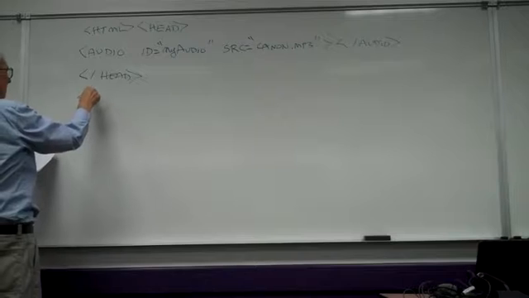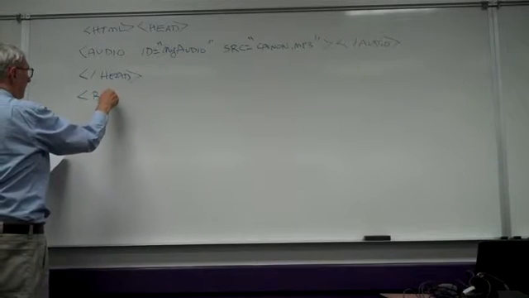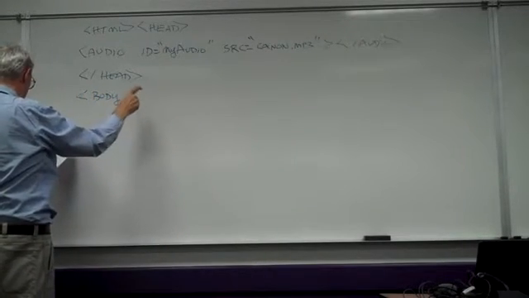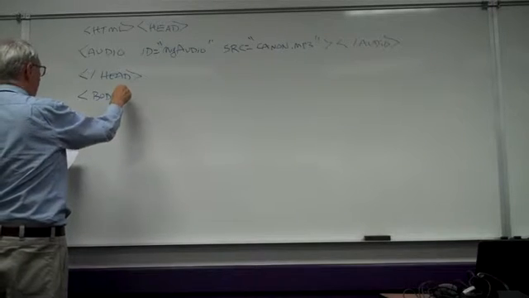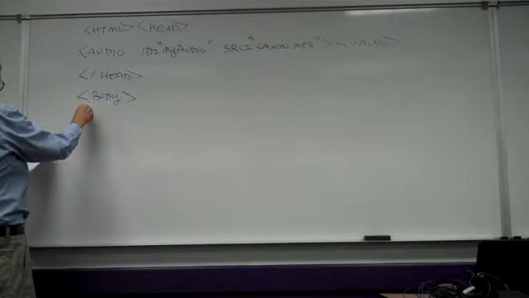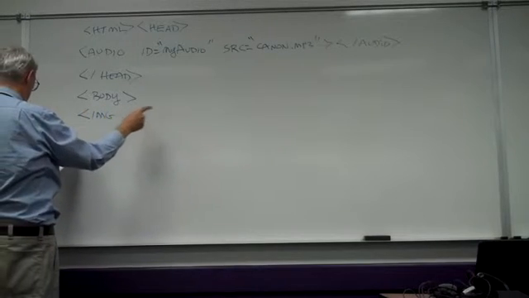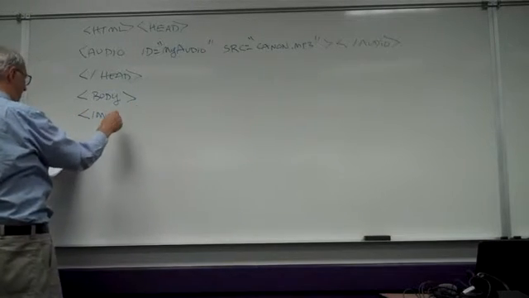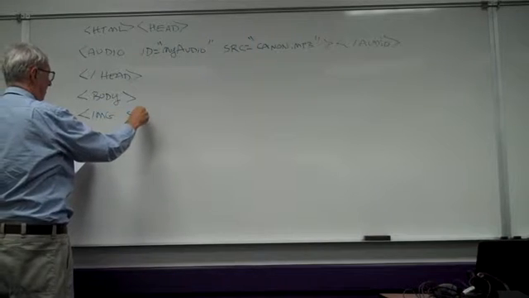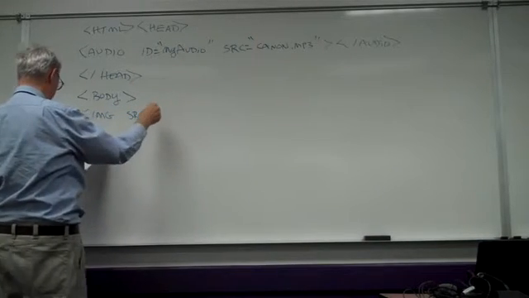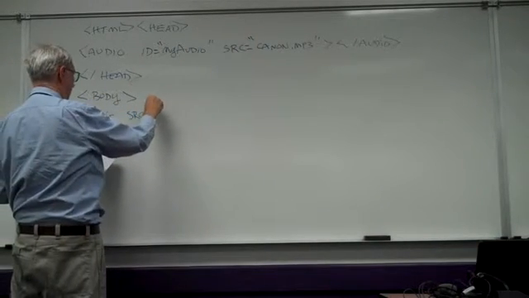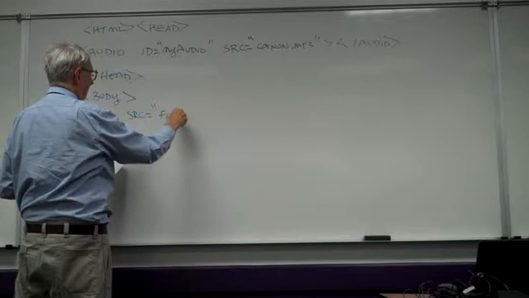Okay, hang on. So we get body, and I'll just give it that for now. I'll keep it simple. And then I got an image. I put an image on the screen, which you'll see. This isn't necessary. I just put it in to have something on the screen other than a white screen. The Flower Girl.